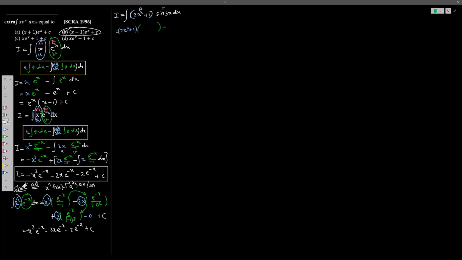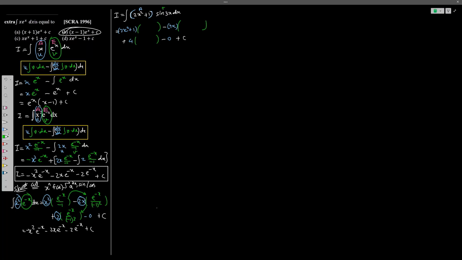Then sign change, differentiation of 2x square plus 1 will be 4x, bracket for integration. Again sign change, differentiation of 4x, 4, bracket for integration. And finally differentiation of 4 will be 0. So let's put plus c.